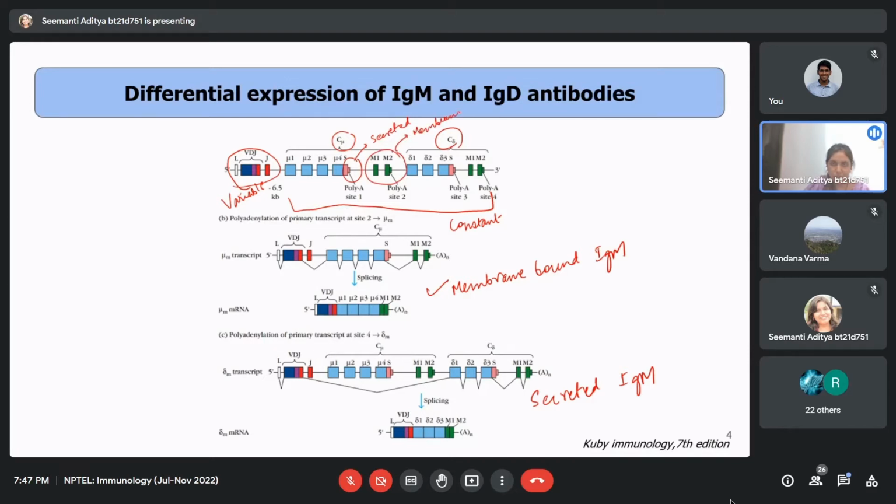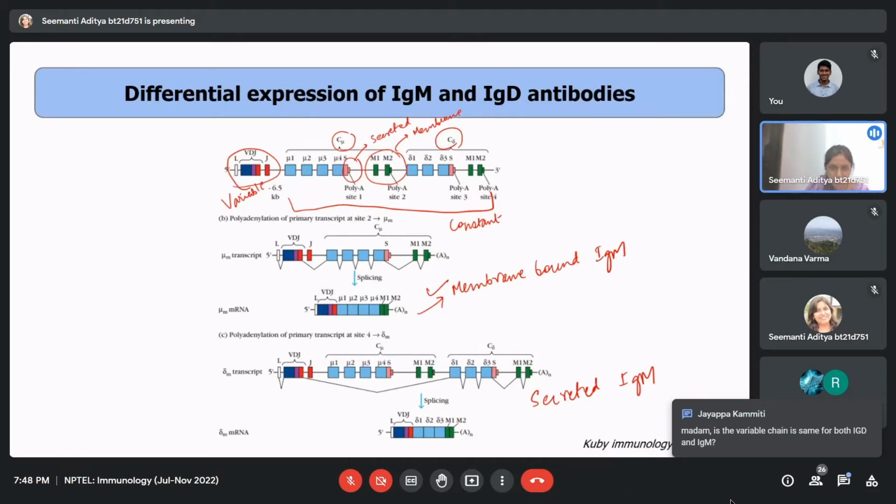So if your splicing takes place in a way that the membrane bound segments come together, this mRNA is going to produce membrane bound IgM molecules. But if the splicing takes place in a way that the M segments are excluded and just the S part is present, you will get the secreted kind of molecule.